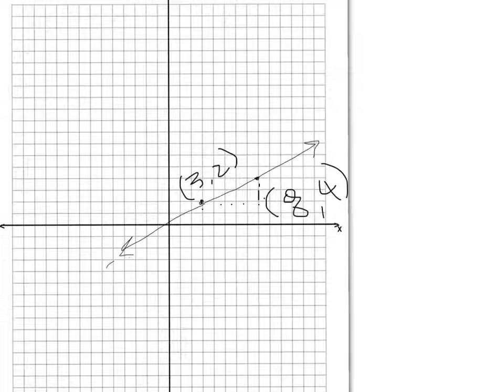I'm trying to show that right there. So we have to see what is the difference between the vertical points between 3, 2 and 8, 4. What is that vertical distance, that change there? And then what is the horizontal change that we can see here?